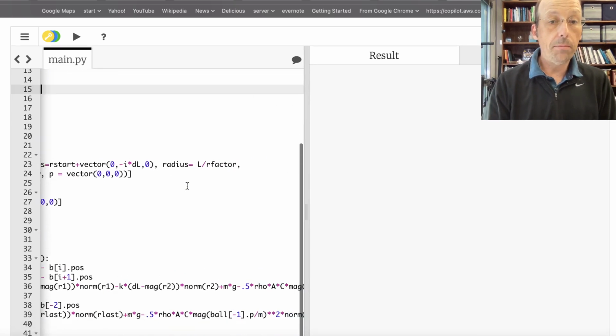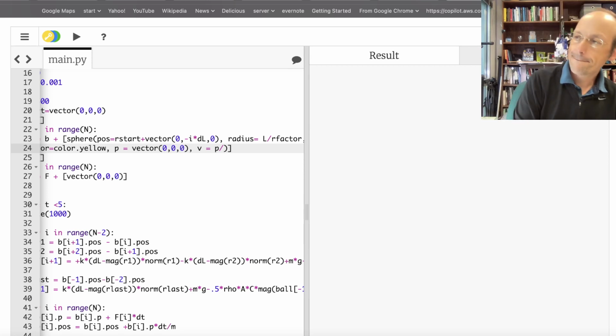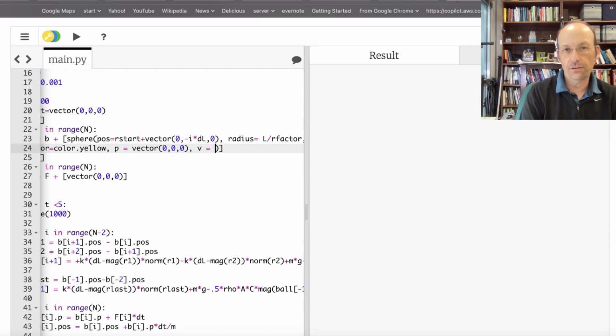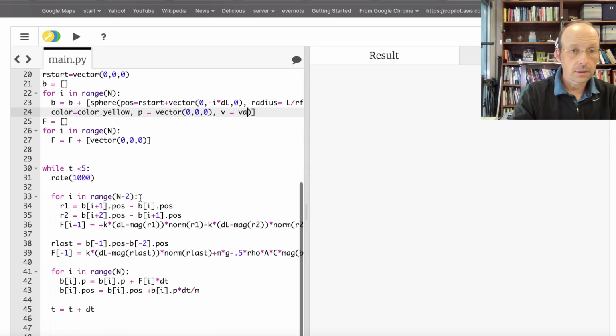And then when I make the ball, I gave it a momentum, but I'm also going to give it a V. And this V is going to be P. Can I do that? Can I say P in there? Well, that's fine. Let's just say it's vector 0. Let's say it's VA for right now. I'm going to go through it, and I can change it. That's all the balls. Okay.